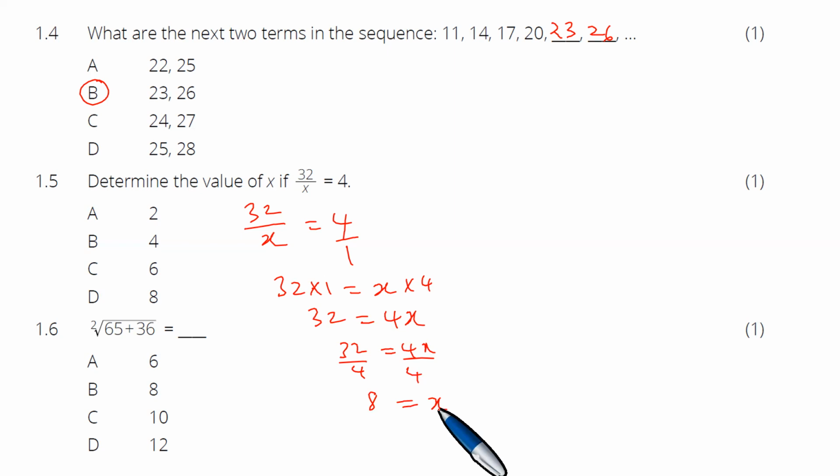Yes. Oh, I thought multiply. Because it was reaching like hundreds, I realized that you're multiplying. Yeah, it's 8. It's the number 8. So if you look at 1.5, the answer is 8. So it is D there. Next one.